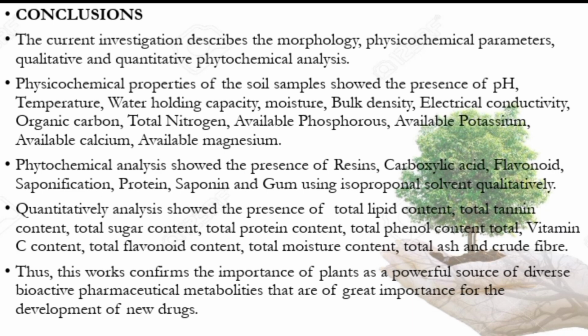The phytochemical analysis showed the presence of resin, carboxylic acid, flavonoids, saponification, proteins, saponin, and gums using isopropanol solvent. Quantitative analysis shows the presence of lipid, tannin, sugar, protein, phenol, vitamin C, total flavonoid, moisture, total ash and crude fiber.